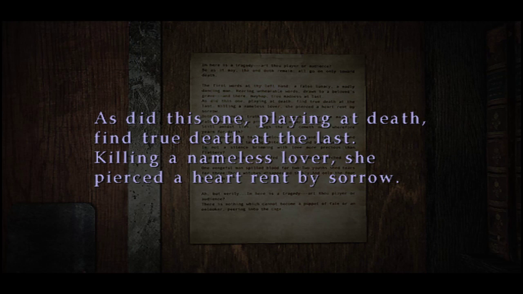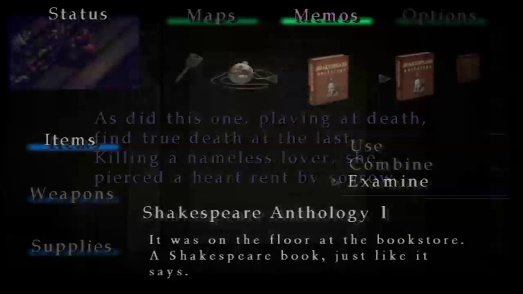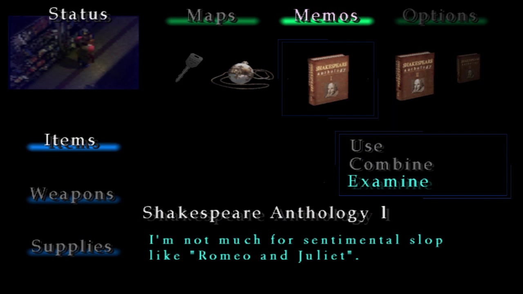As did this one, playing at death, find true death at the last. Killing a nameless lover, she pierced a heart ripped by sorrow. So the second verse refers to Romeo and Juliet, which is in Anthology 1. This one is probably the most obvious, with parting is such sweet sorrow being a line straight from Romeo and Juliet itself.